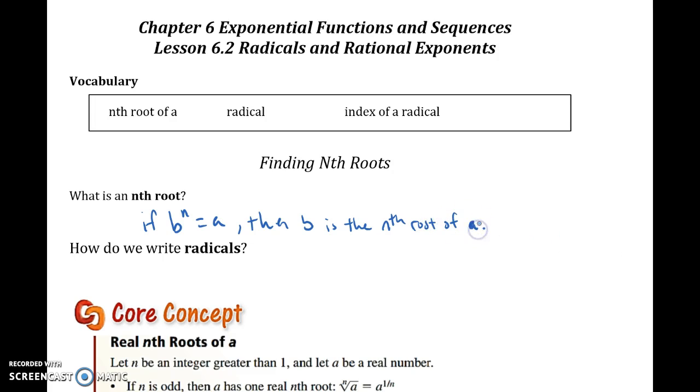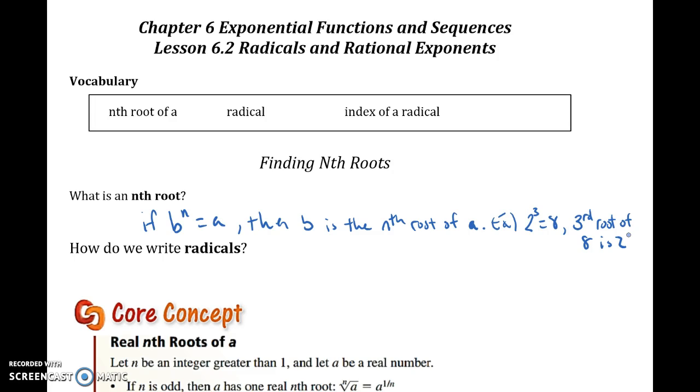A numerical example: if 2 to the third is 8, then the third root of 8 is 2. We're just going back and seeing what number we multiplied that number of times, and that's the nth root.